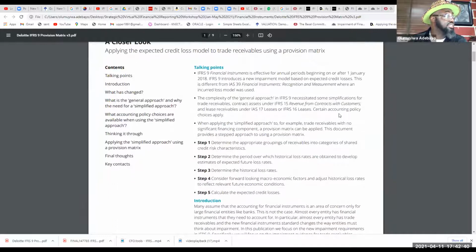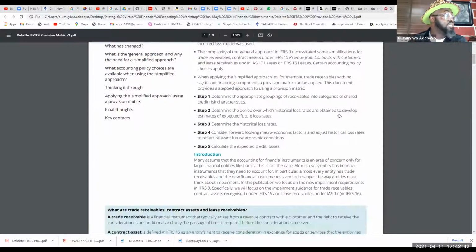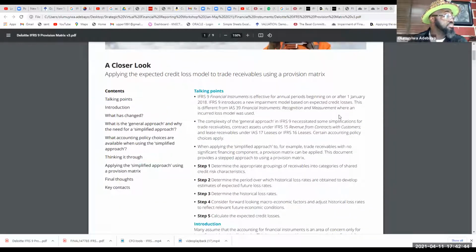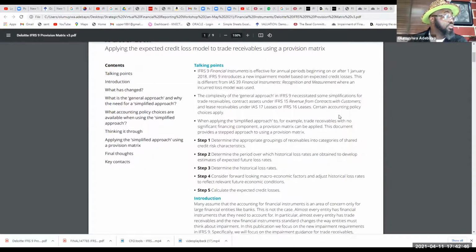And you can see different steps to obtaining your loss rates.